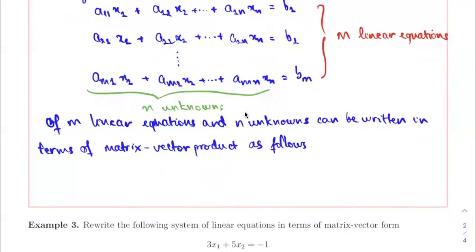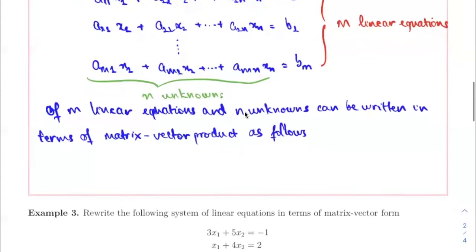So what you have is you take all the coefficients and put that as the coefficient matrix. And all the variables, so you have n unknowns or n variables from x1 up to xn, and you put that in the column vector. And the right-hand side consists of all the constants b1 to bm. That is a constant matrix or constant vector.